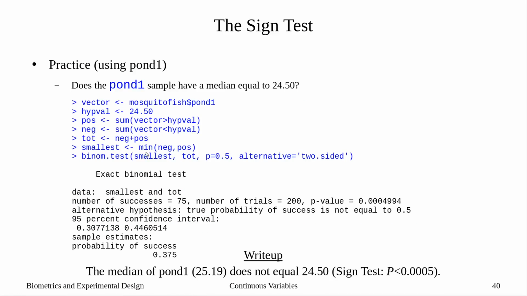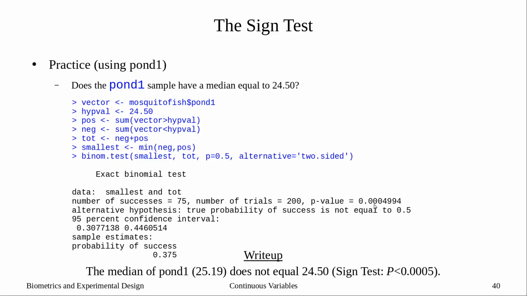As another example, let's consider pond 1. In pond 1 we asked, was the mean equal to 24.5? Let's ask the other one. Is the median equal to 24.5, so that we can use the sign test? I did the same thing. I copied and pasted right into R. I updated the first line to mosquito fish $pond1, I specified our hypothesized value at 24.5, and I left everything else the same.